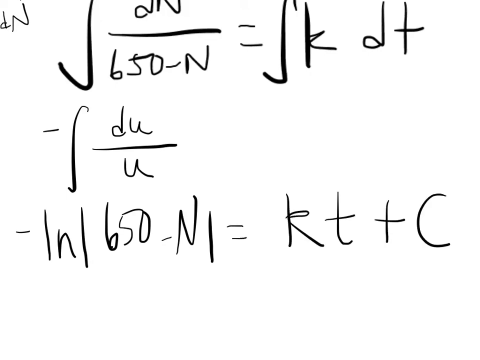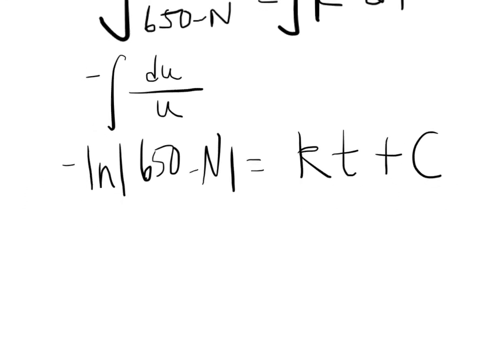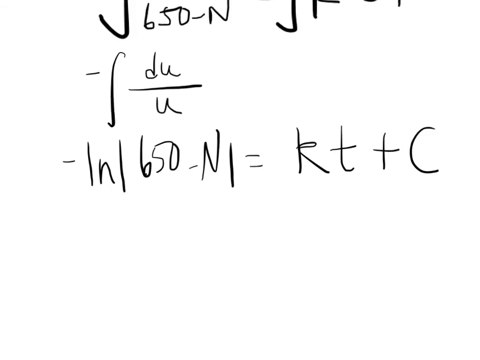Again, same process we've been doing over and over again. What do we do to get the n by itself? That's what we want to end up with. Raise both sides with e. Actually, in this problem, we want to do something else first. Go ahead and multiply everything by a negative, which makes the left side positive and the right side negative.